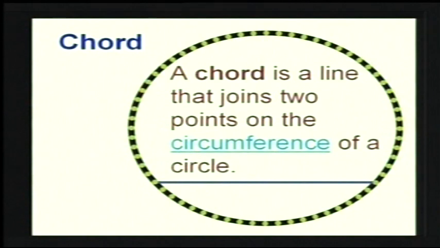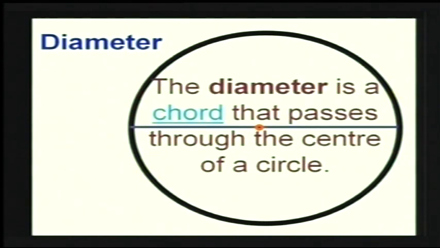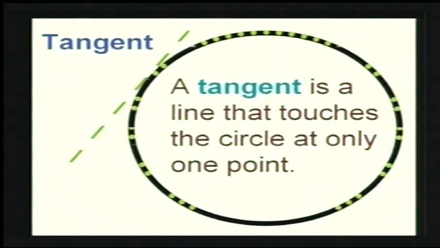Chord. A chord is a line that joins 2 points on the circumference of the circle. And diameter is a chord that passes through the center of a circle. Tangent.